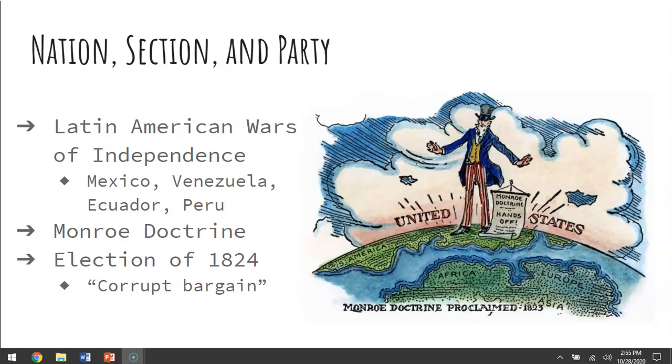Now, Clay was the Speaker of the House at the time and believed that Adams was going to be the most qualified candidate and the one most likely to support his program of the American System, and likely believed that Jackson, a Westerner, would impede his own presidential ambitions, so Clay threw his support behind John Quincy Adams, and that helped to elect him.